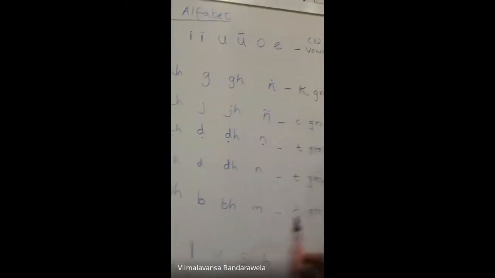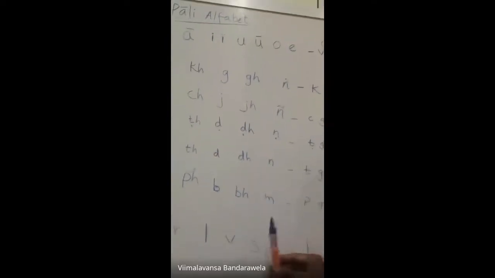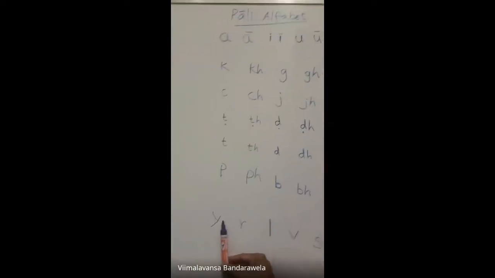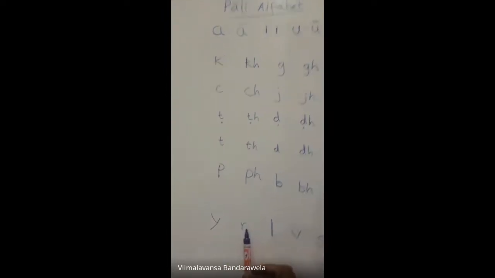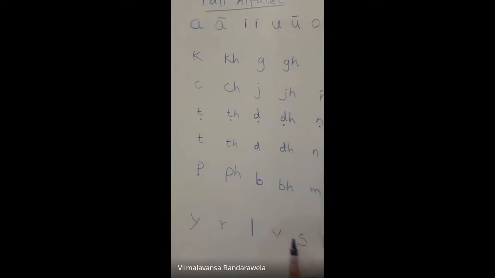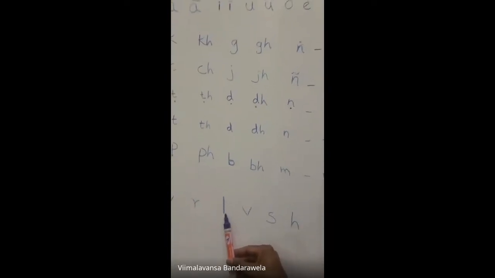Okay. Then those are the groups, right? So then you have another set of consonants. This is ya, ra, la, va, sa, ha, la. In Pali, you have two la, right? This is simple la, this one with a dot under is the other la, right?